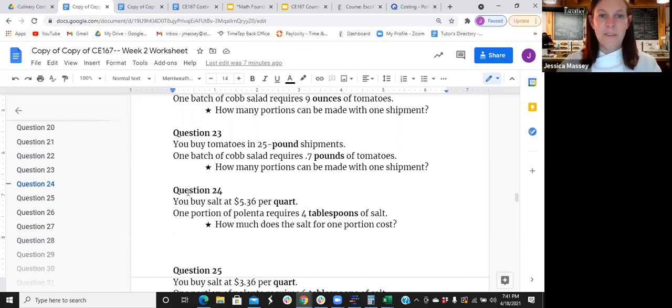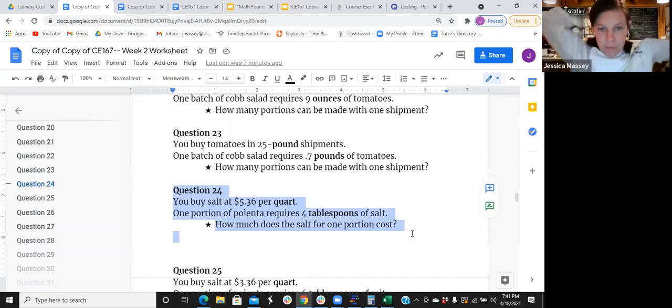So 24. You buy salt at $5.36 per quart. One portion of polenta requires 4 tablespoons of salt. How much does the salt for one portion cost? How many tablespoons are in a quart? Right, that's exactly it. So you'd have to figure out how many tablespoons are in a quart first.